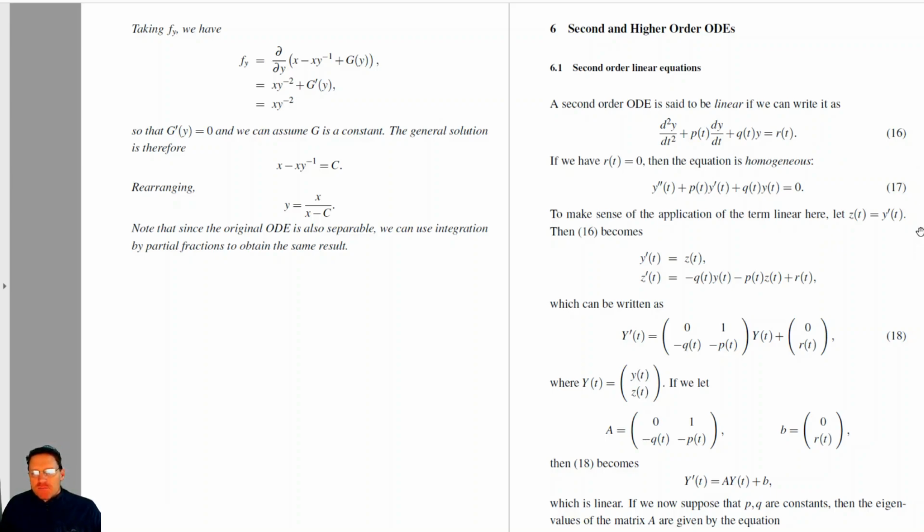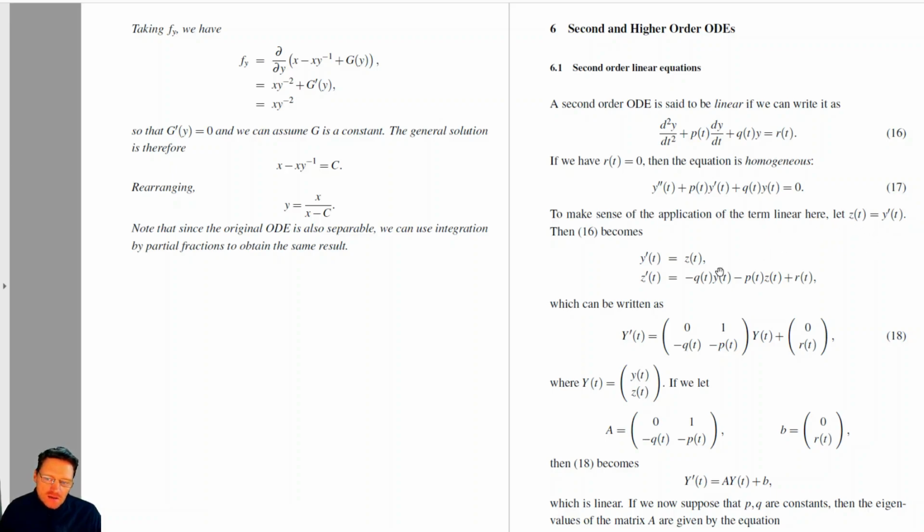Alright, so let's go ahead and make sense of the term linear here. Let z be equal to y dash. Then equation 16 up here becomes y dash is equal to z, just as we let that be up here.